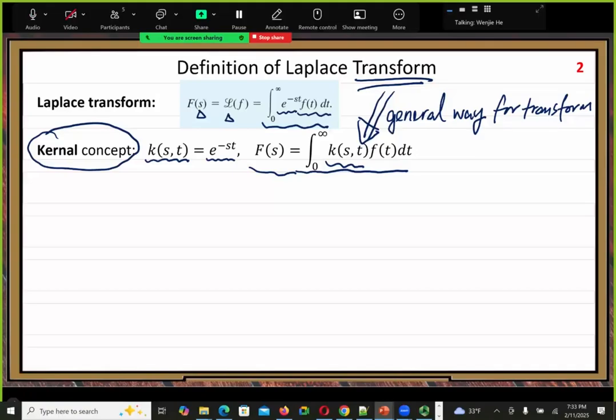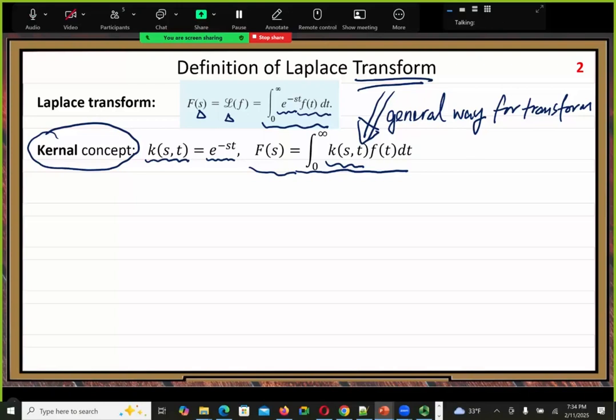But the problem is, for some kernel functions, the transform has very nice properties. If you choose the kernel poorly, the transform cannot give you any good properties, just garbage properties.